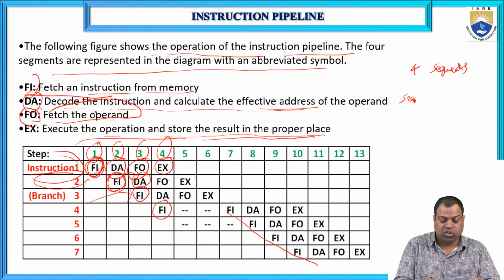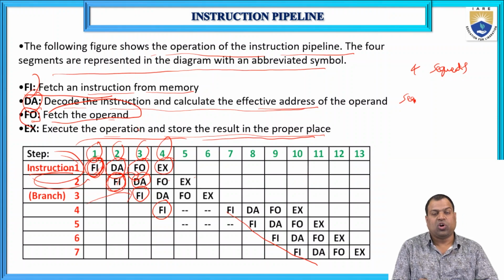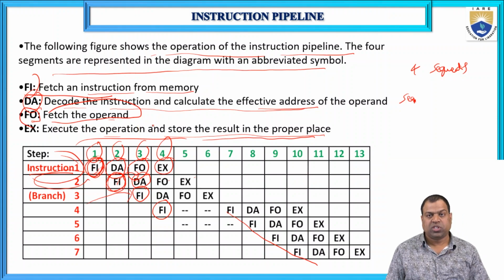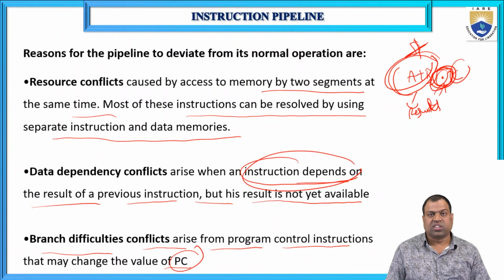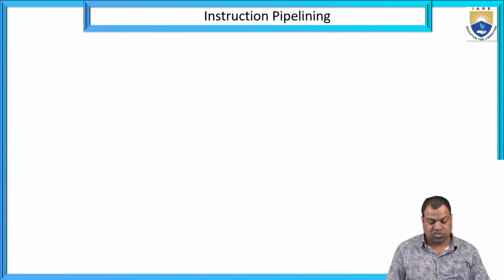Second stage, decode the instruction and calculate the effective address, DA. FO, fetch the operand. EX, execute the operation and store the result in the proper place. So these are the 4 segments: FI, DA, FO and EX. And these are the reasons for deviating from the normal operation in the pipeline: resource conflicts, data dependency conflicts, and branch difficulties conflicts.